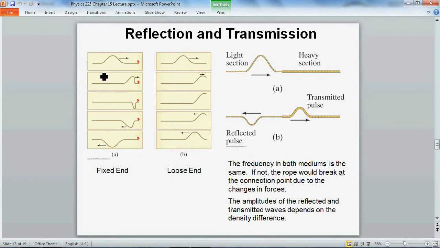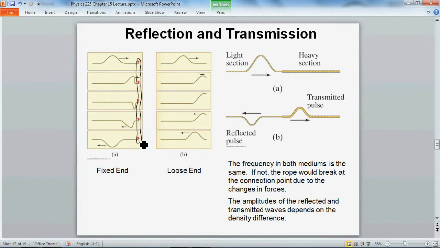So the first instance here, we have a chord that has a fixed end. You see the little red peg on all of these. As the pulse moves towards the right, it gets to this interface, which is a solid interface, and the chord will actually wrap and invert itself and go back in the opposite direction.